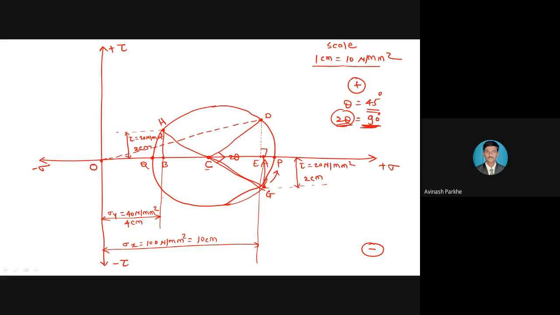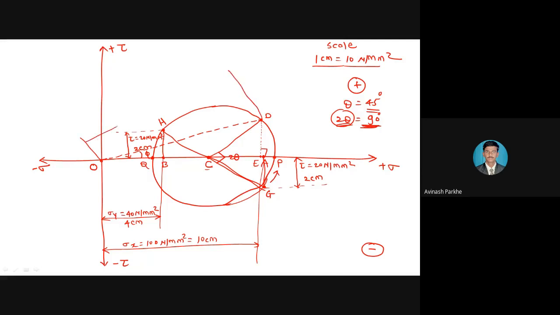Okay, so this is the OD distance. Angle DOE is called angle phi. Then your sigma R is equal to the OD distance.